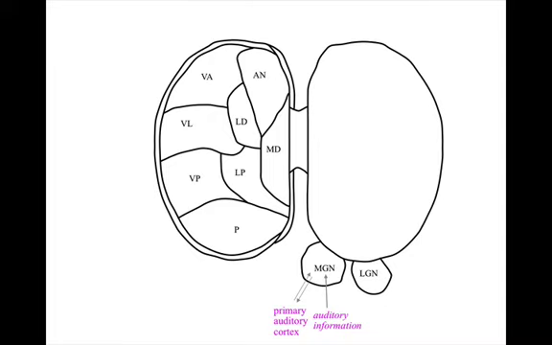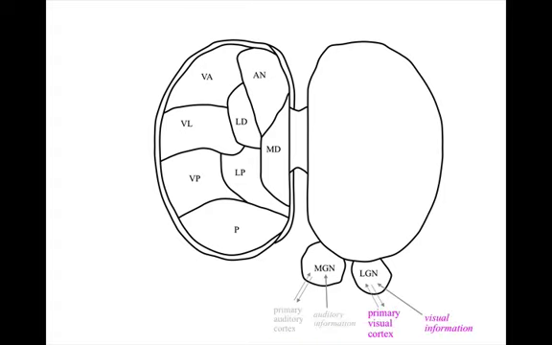Information from the ears goes first to the medial geniculate nucleus, not directly to the cortex. The first cortical area that processes auditory information is the primary auditory cortex, but this area isn't directly connected to the ears. Rather, there's strong reciprocal connectivity between the primary auditory cortex and the MGN.